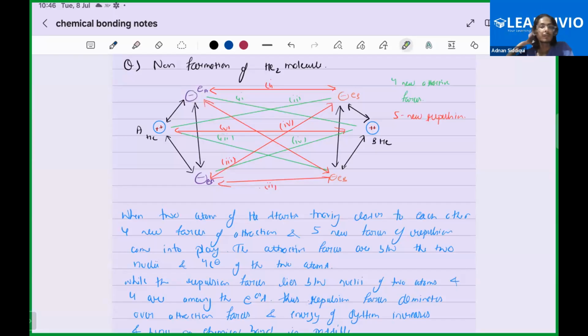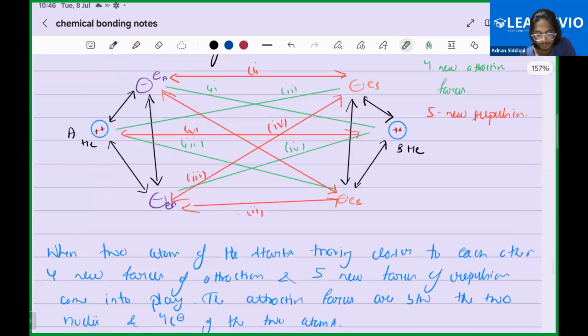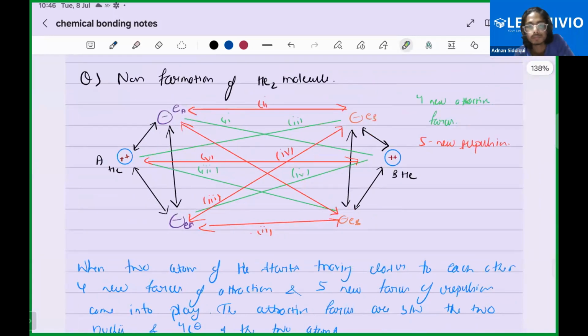But in the case of helium, both are filled. There's no area to put an electron in, so there's no attraction, and the repulsion force is dominating. I'm saying that by default repulsion is there, but if there's an empty slot, the attraction will come and dominate.